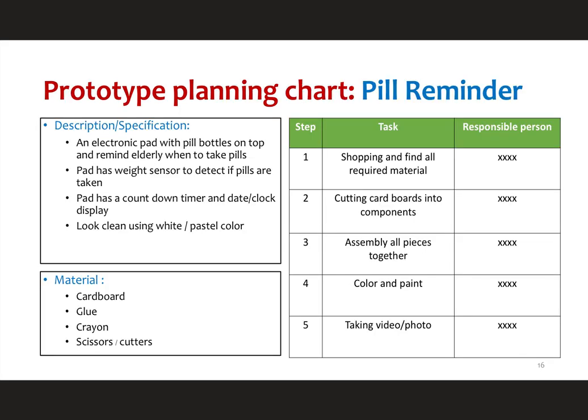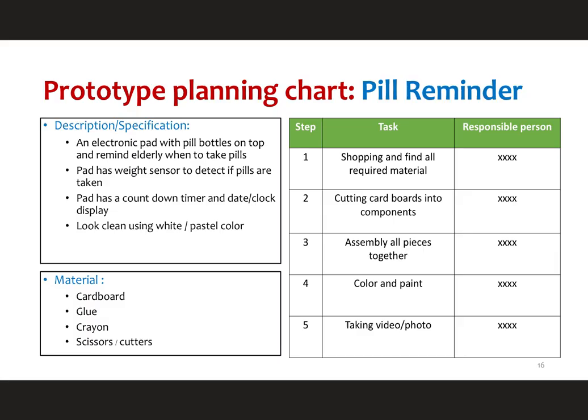And for this week, I'd like every group to have a prototype planning chart. Make sure that you have a full understanding of the description of the prototype that you plan to do. List some of the characteristics of the prototype, and the materials that you will need in order to make it.